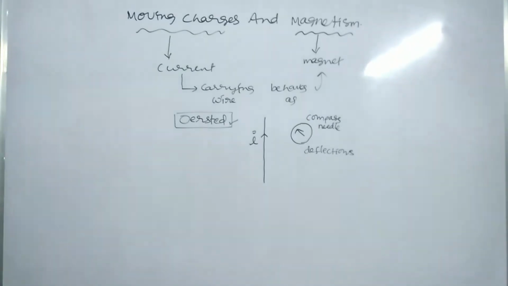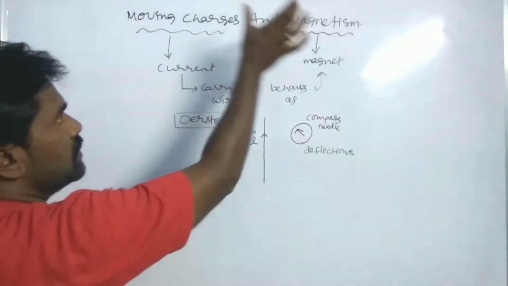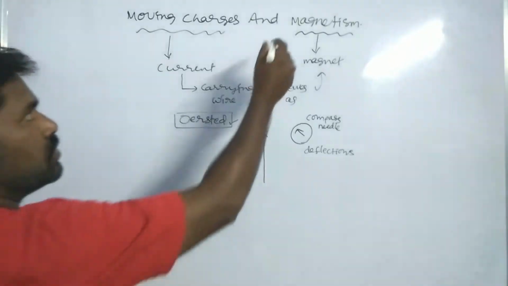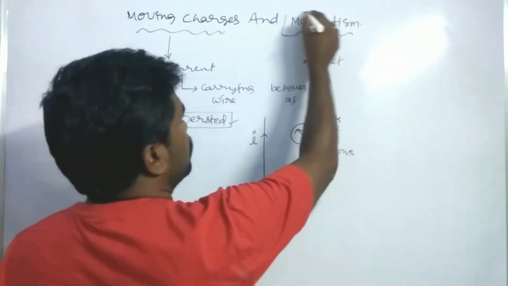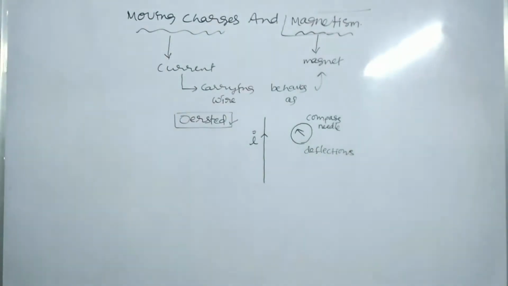And then we study the combination of moving charges and magnetism. Before that, magnetism is a separate topic, and moving charges, meaning current electricity, is another separate topic. Clear?